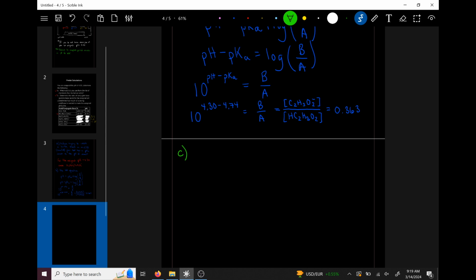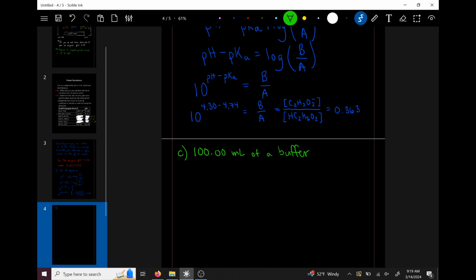So to figure out what amount of strong acid or base we need for the assigned pH, we need to work backwards in our ICF table because we don't know how much we're adding. We're trying to figure out how much we need to add. Now, for the laboratory, the goal is to make 100 milliliters of a buffer solution.